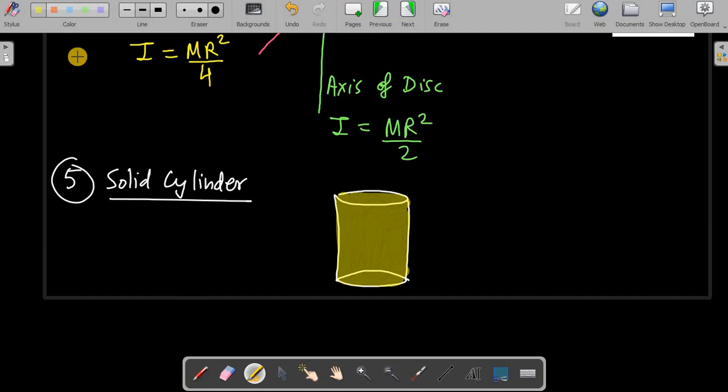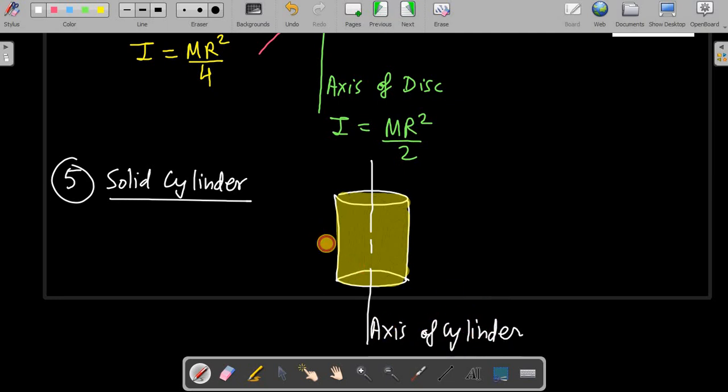About the axis of the cylinder, you can see the length is L, the radius is r, and the mass is m. About this axis, it is just like a disc only, m r square by 2.